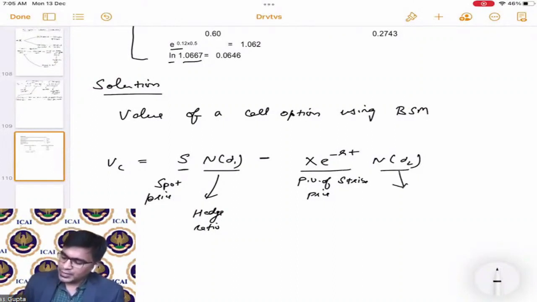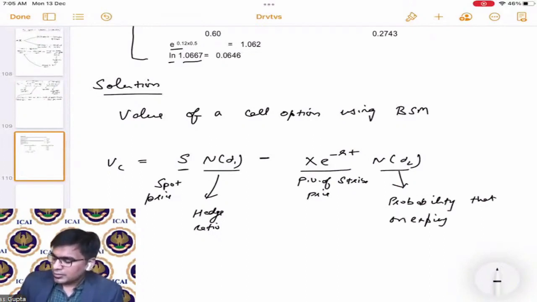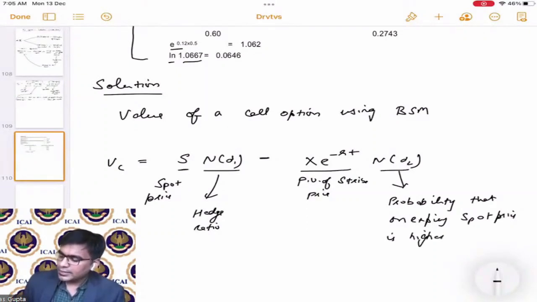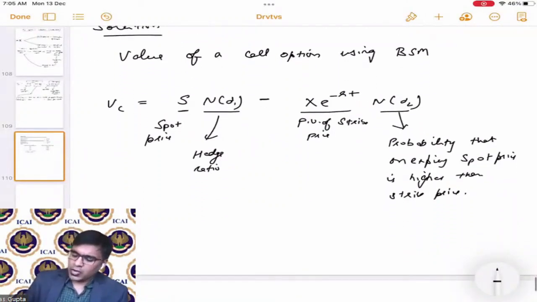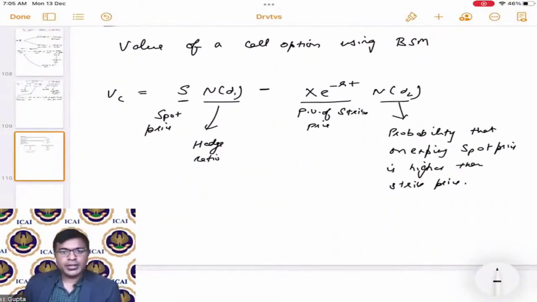And this was the probability that on expiry, spot price is higher than strike price. Okay, students. So this is what the value of call option was using the Black-Scholes model.